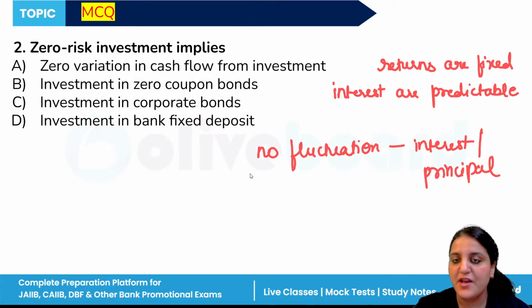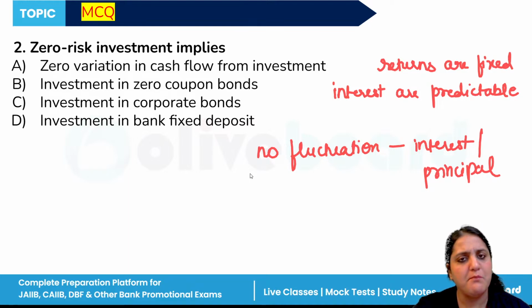If you invest 1 lakh rupees at 6% for 1 year, you are guaranteed 6,000 as interest. That is zero risk because the cash flow does not vary. Options like zero coupon bonds or corporate bonds can have some risk, but it depends on the issuer, right?